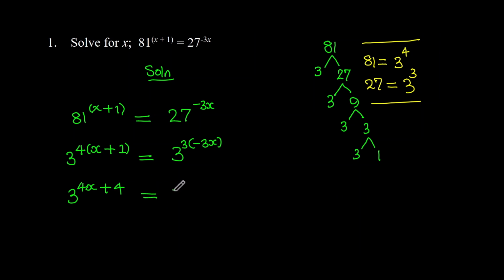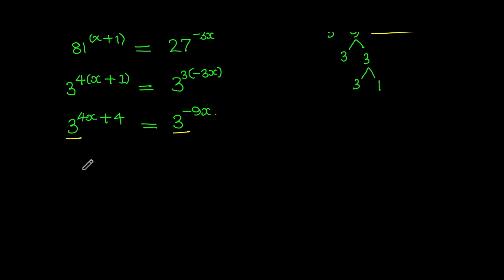And here to the right hand side we have 3 exponent negative 9x. And now since our bases are the same, then we can equate the indices. Therefore we have 4x plus 4 equals negative 9x.